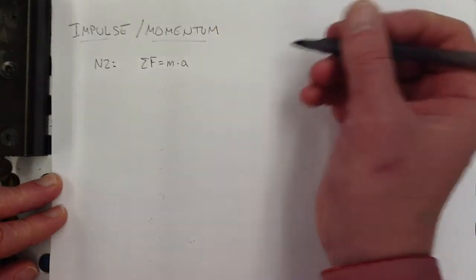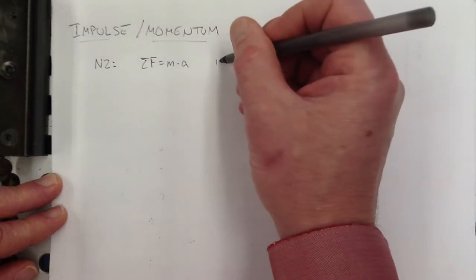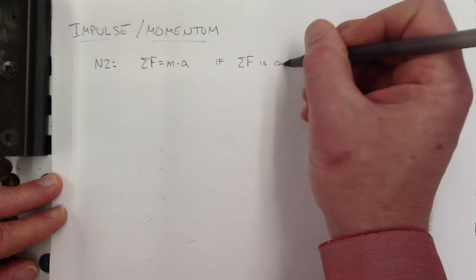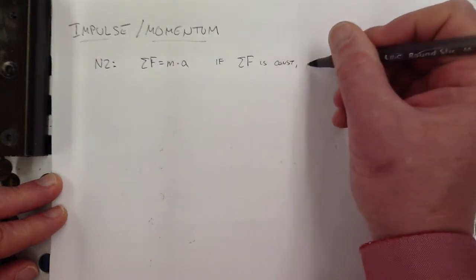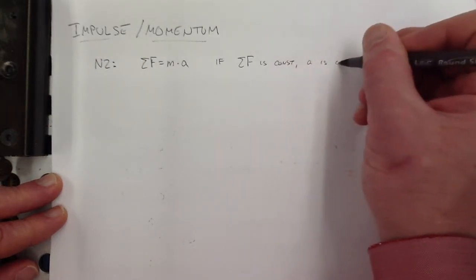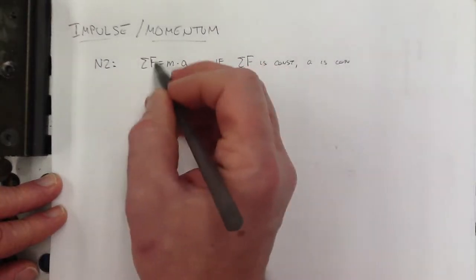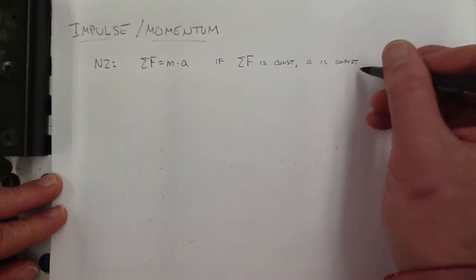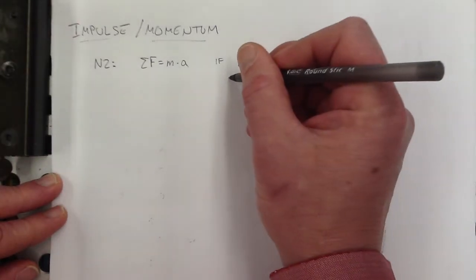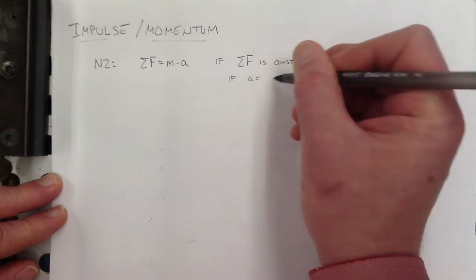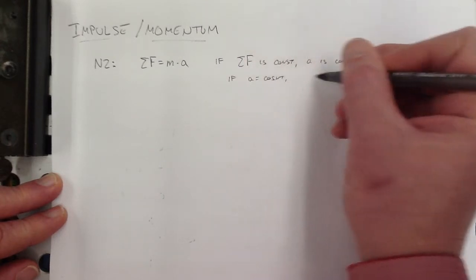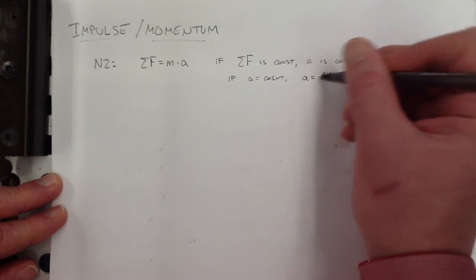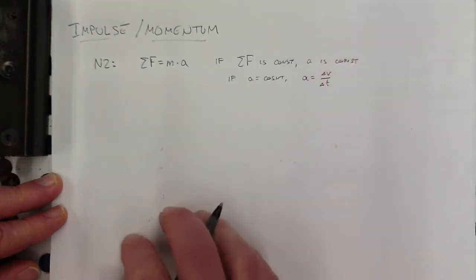Well, whatever the imbalance in those forces, if it's constant, then a is constant. And if a is constant, then velocity versus time would be a straight line, so a would be equal to delta v over delta t.